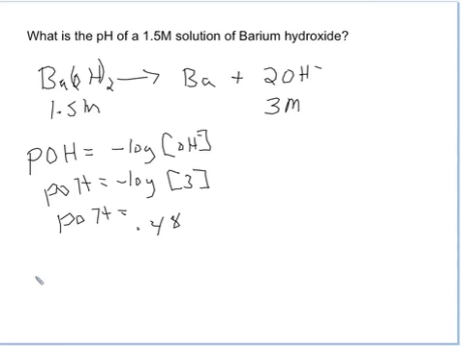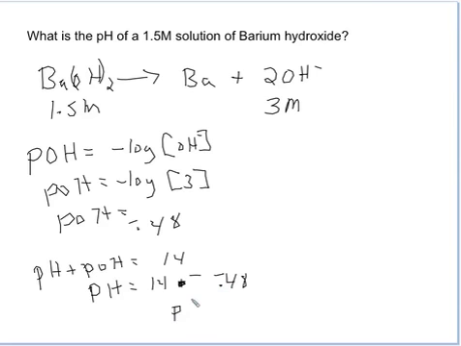That's what the pOH equals. And then remember that the pH plus the pOH equals 14. So to get the pH, you would take 14 minus a negative 0.48. When you have two minuses, you're adding them together. So the pH is going to equal 14.48.